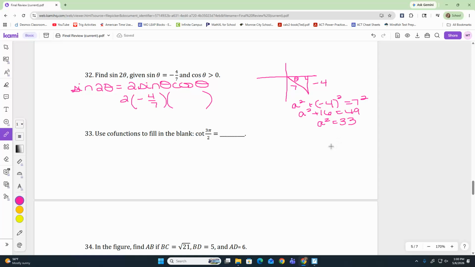So a squared equals 33, so this side is the square root of 33. So cosine, adjacent over hypotenuse, is radical 33 over 7. Now if I multiply, we get negative 8 radical 33 over 49.